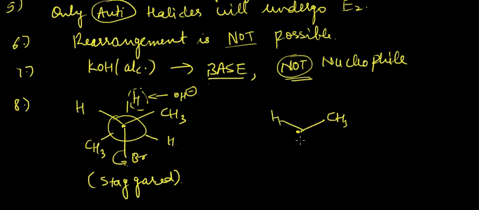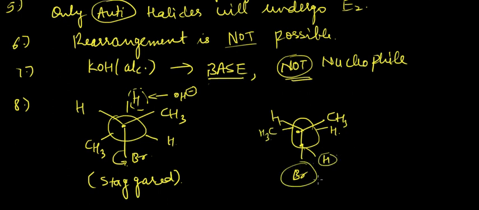Due to steric crowding, the nucleophile, the base, would not be able to attack the hydrogen. So steric hindrance comes into the picture, hence the reaction will not take place in this conformation.